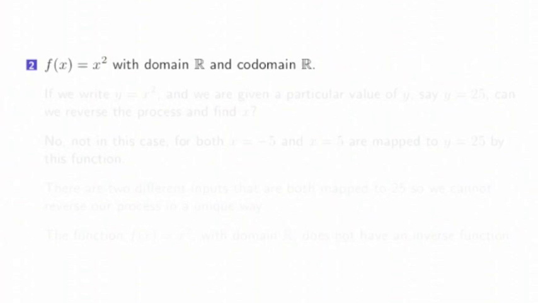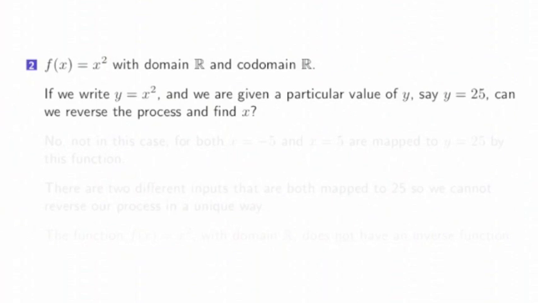Suppose f of x is equal to x squared, where my domain is the real numbers and the codomain is the real numbers. If we write y equals x squared and we're given a particular value of y, say y equals 25, can we reverse the process and find x? If y is 25 and it's the square of something, what did we square?